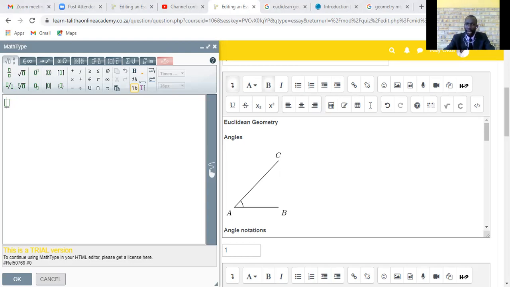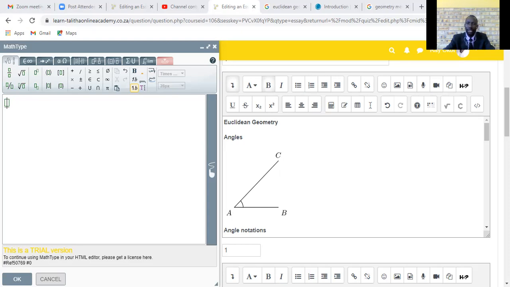Now, on the other side, Euclidean geometry deals with space and shape using a system of logical deductions. Euclidean geometry was first used in surveying and is still used extensively for surveying up to today. Euclidean geometry is also used in architecture. For those of you who will want to study and become engineers, architects, designers, you need to know that Euclidean geometry is going to be very important for you because it is used in architecture to design buildings.